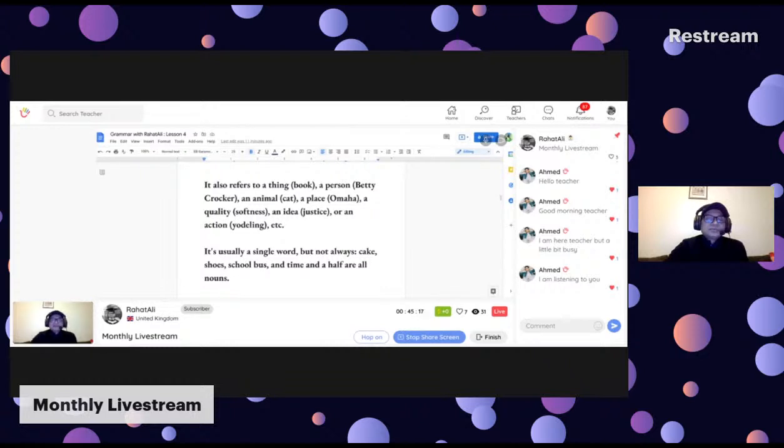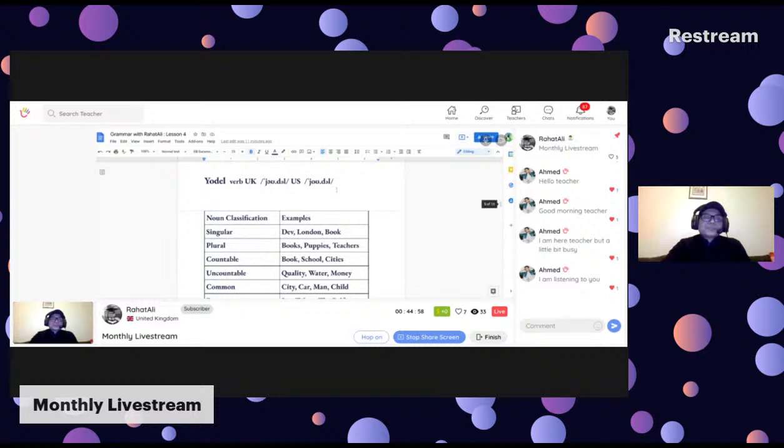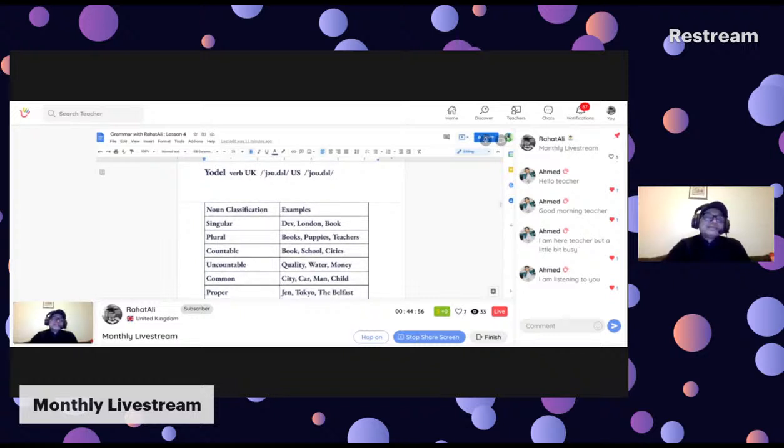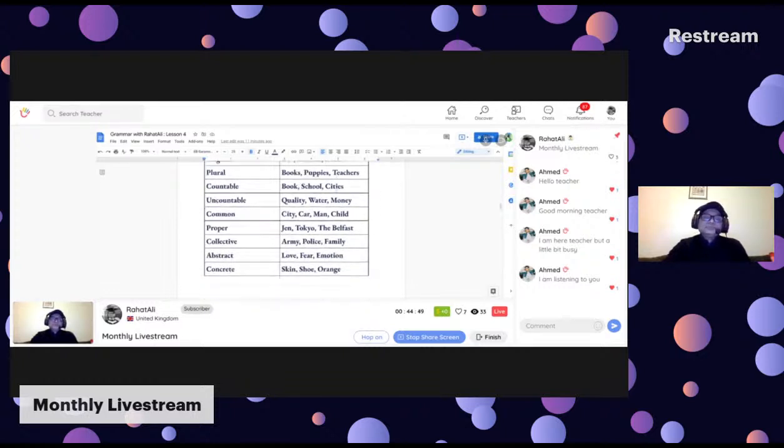Okay, one and a half. These are compound words. When there is more than one word in a word, and which makes a complete meaning, we call them compound words. These are also nouns. So nouns can be of different classes: singular, plural, countable, uncountable, common, proper, collective, abstract, concrete.